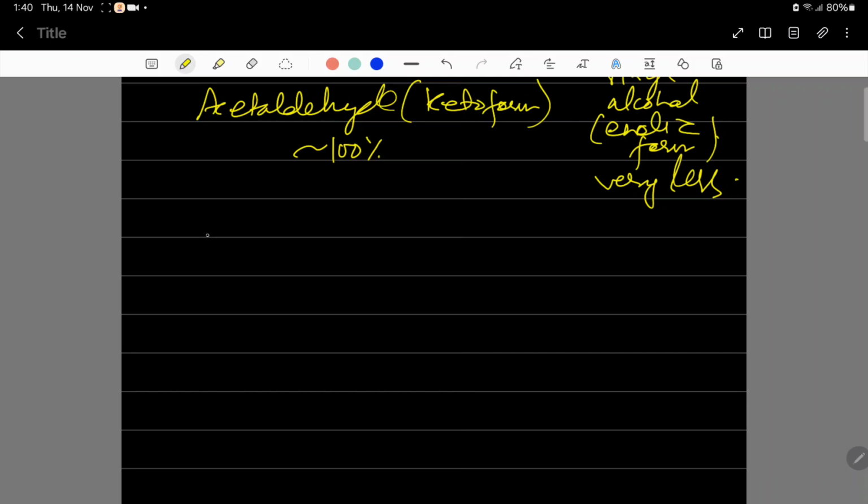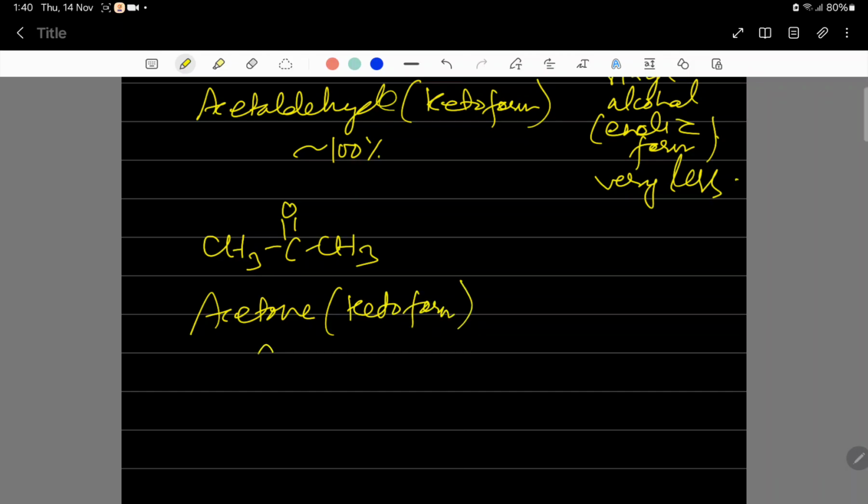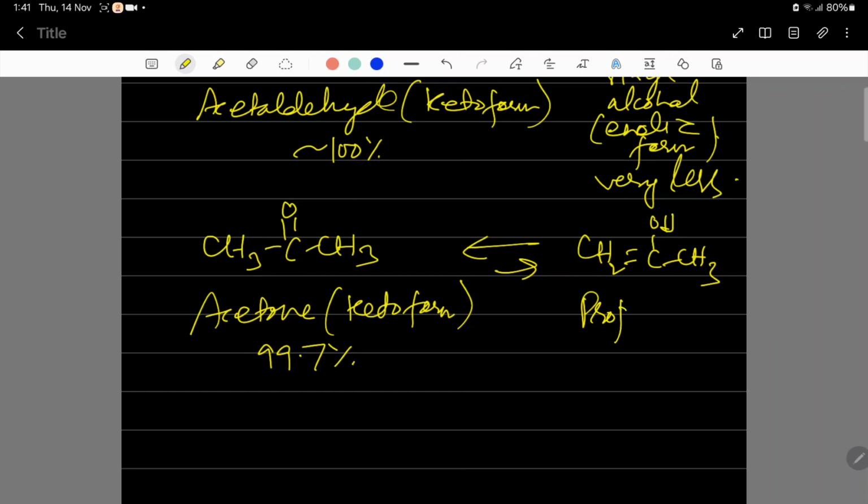Then is the acetone. Keto form. This also stays mostly in the keto form. CH2=C(OH)CH3, so it's propen-2-ol. So it is the enolic form.